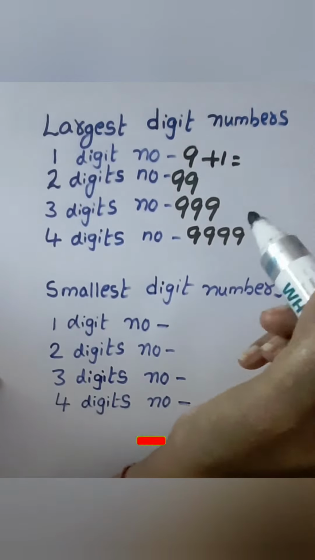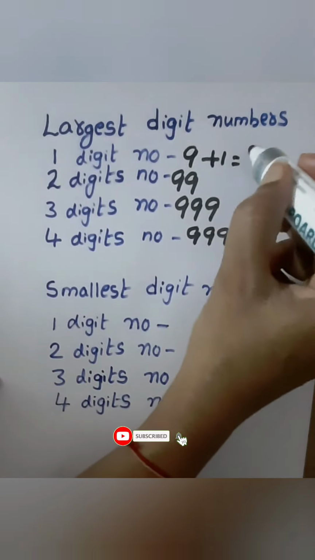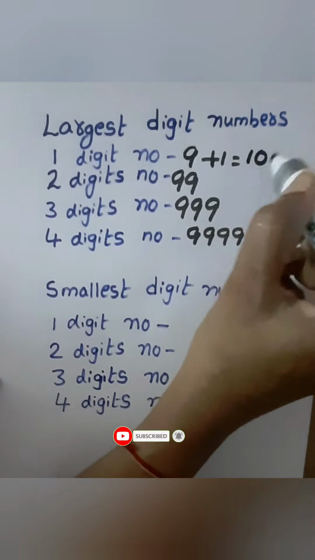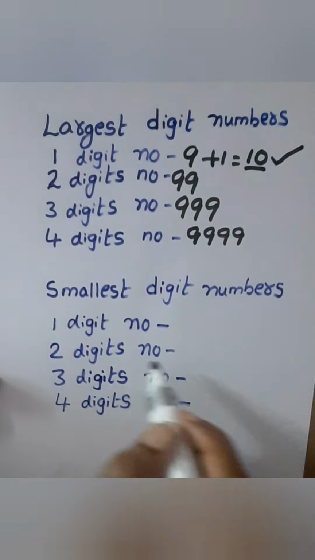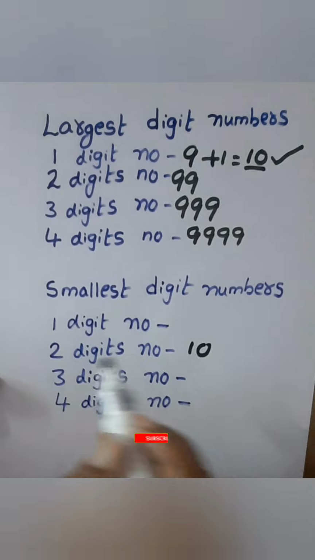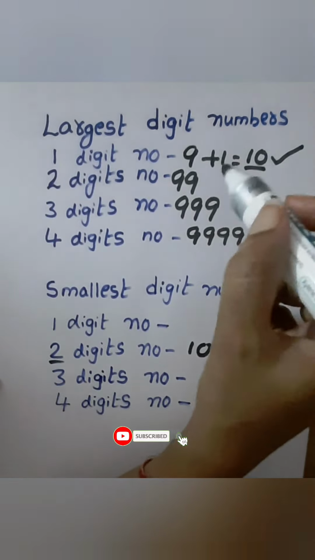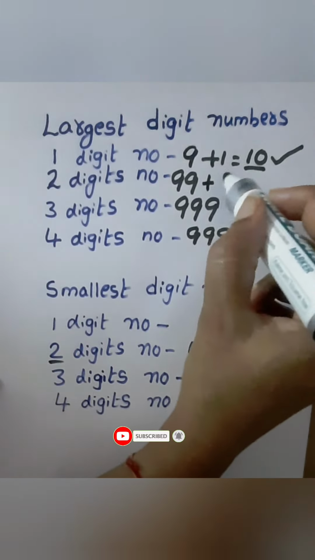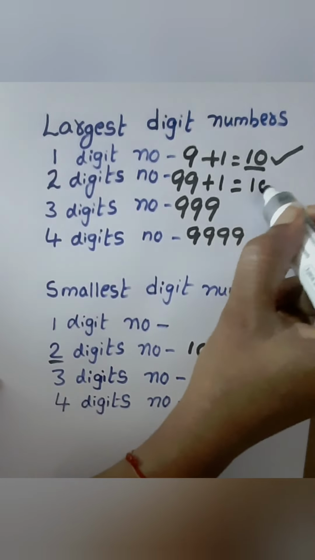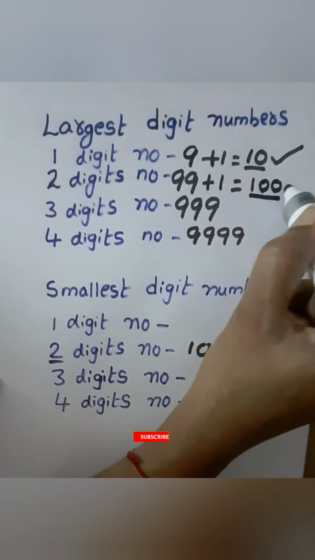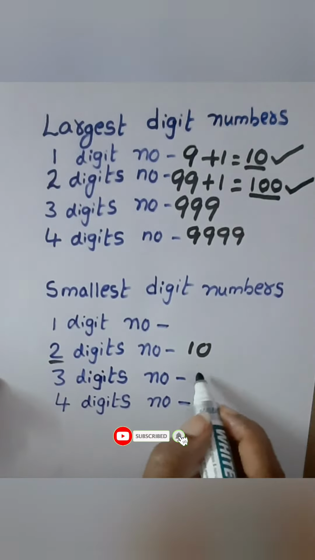If you add 1 to the largest one-digit number, then we will get 10. This is the smallest two-digit number. And then we add 1 to the largest two-digit number, we will get 100. 100 is the smallest three-digit number.